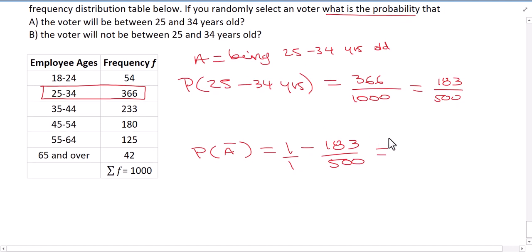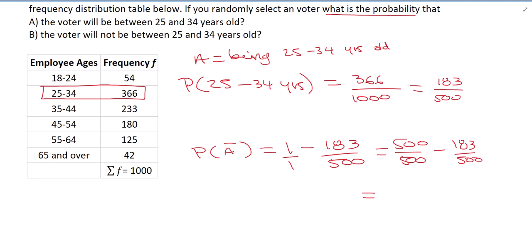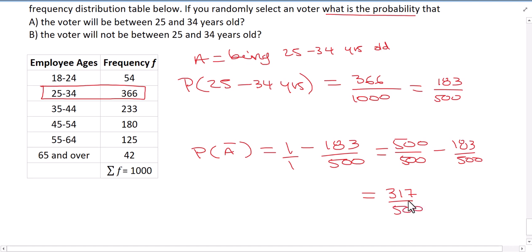So I get a common denominator: 500 over 500 minus 183 out of 500. What's 500 minus 183? I got 317 out of 500, and I believe that is already reduced. So this gives me another way of finding the probability of the complement.